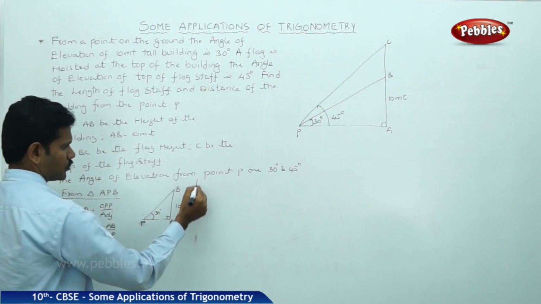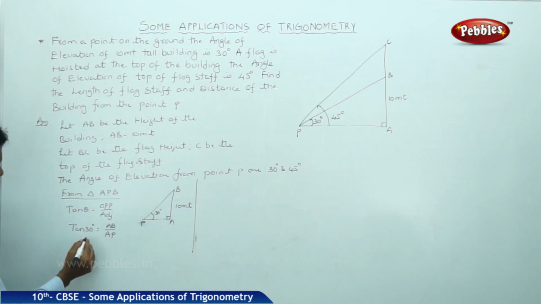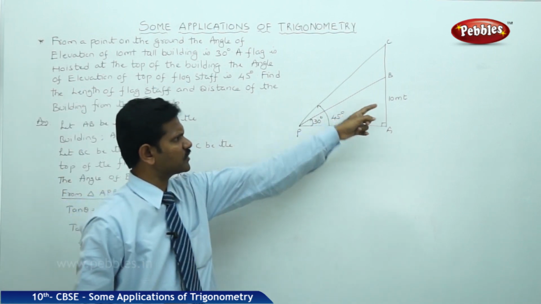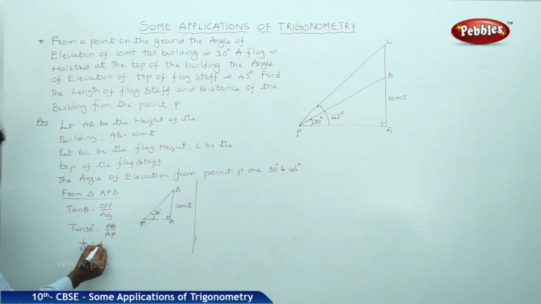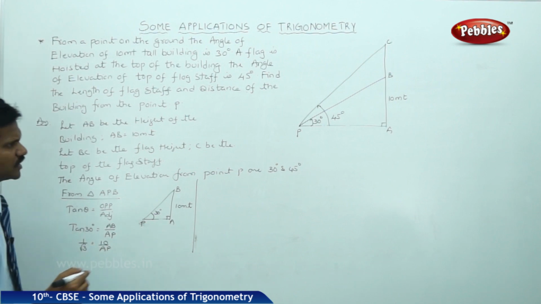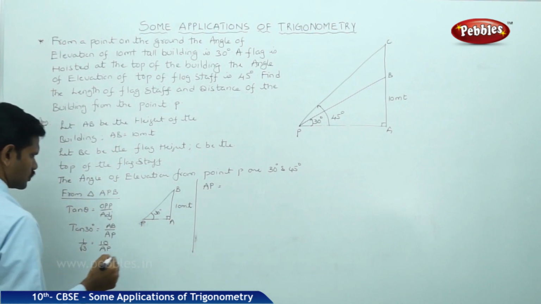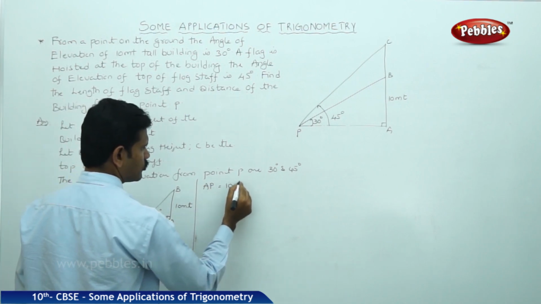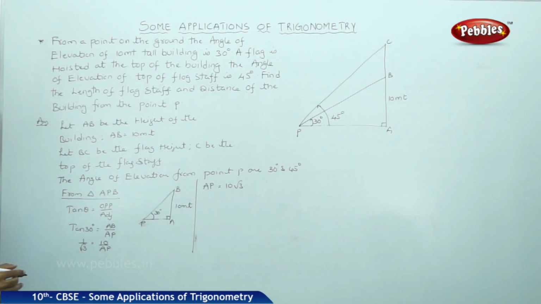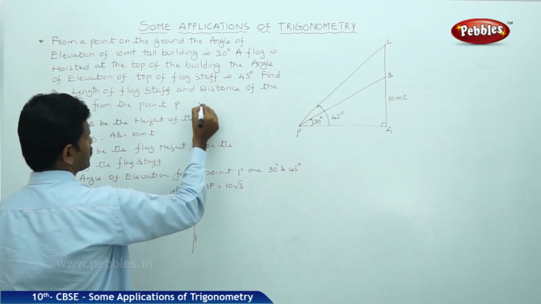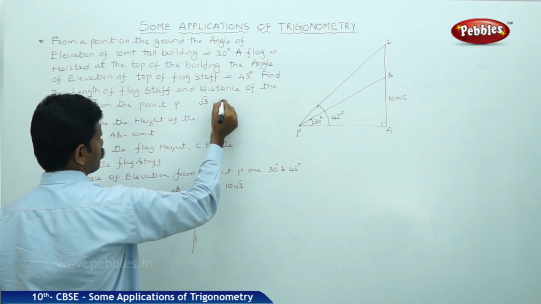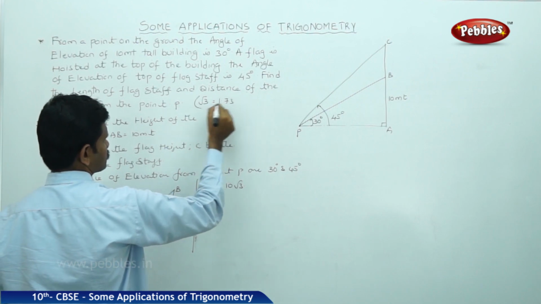Now tan 30 degrees is equal to 1 by root 3 is equal to, the value of AB from the diagram is 10 by AP, that is AP is equal to, cross multiplication, 10 root 3. Now in the question it is given that root 3 is equal to 1.73.